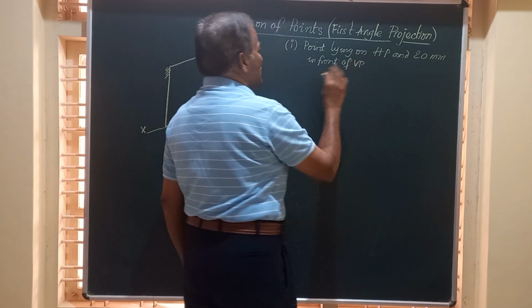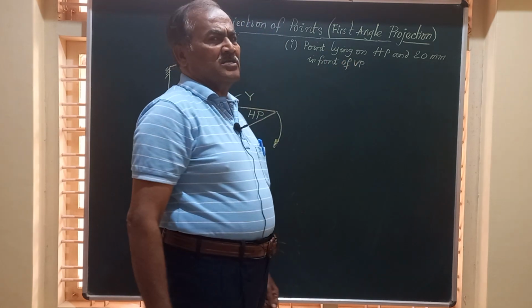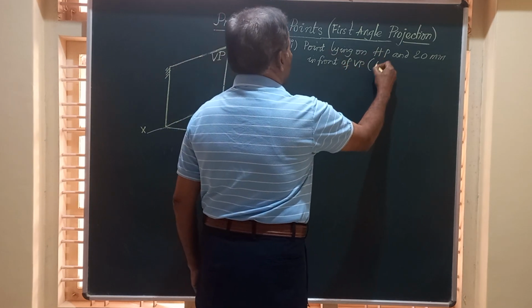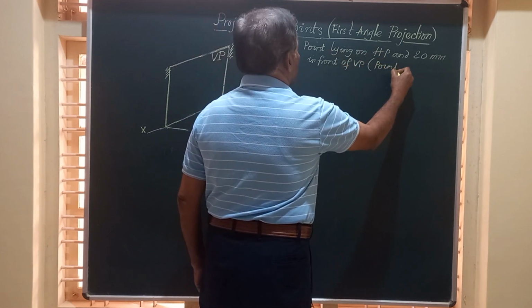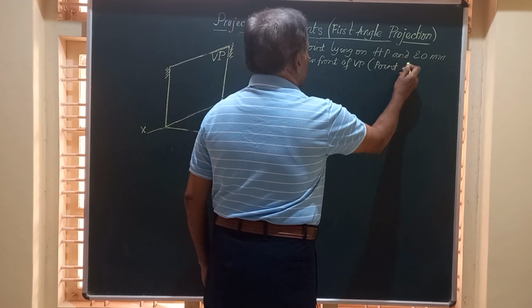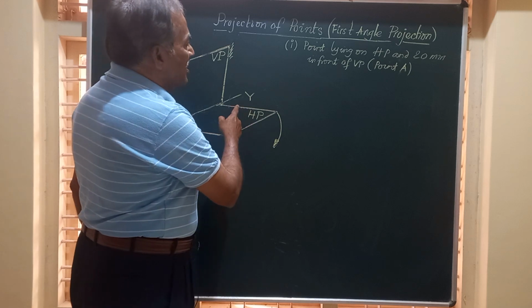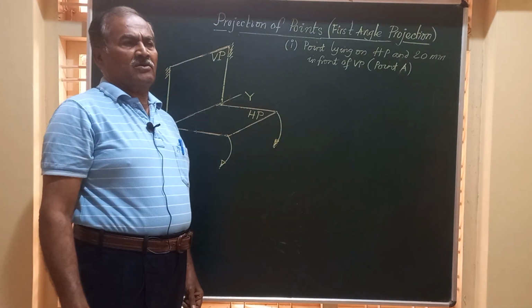So this is one of the cases I have taken. Say there is a point. We call this point A. Point is A. I represent it by A. That is on HP and 20 mm in front of VP.